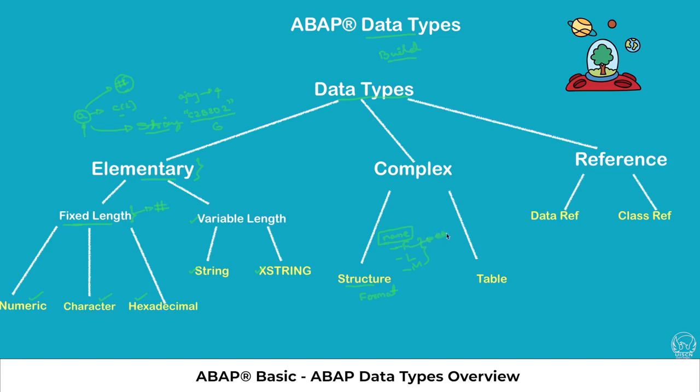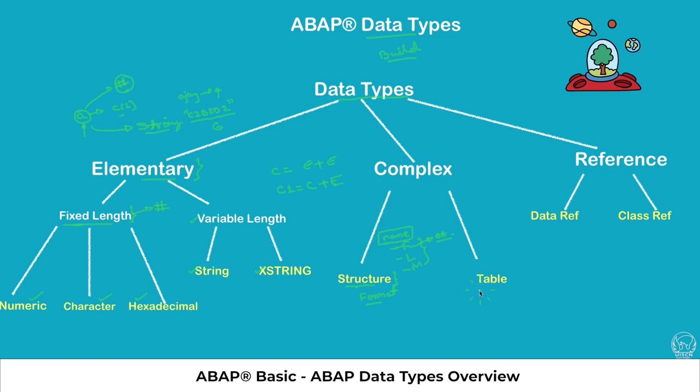So to keep things simple, a complex type is a combination of elementary types: 2 elementary data types can create a complex data type, and we can also have a complex data type plus an elementary one. We can have a structure containing fields which are again structures. We'll see those examples in the hands-on section as well.